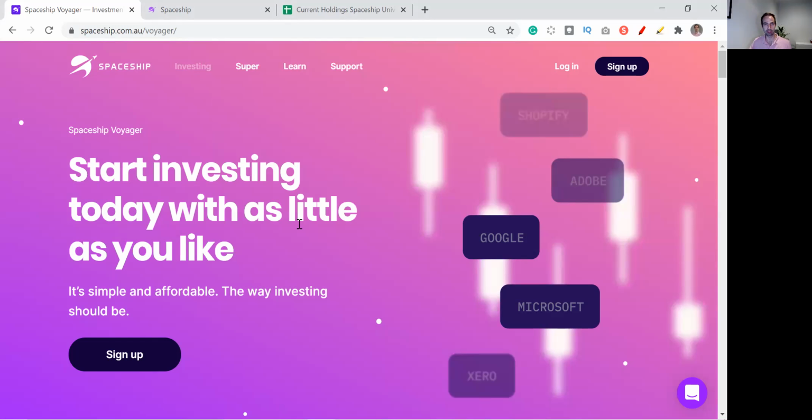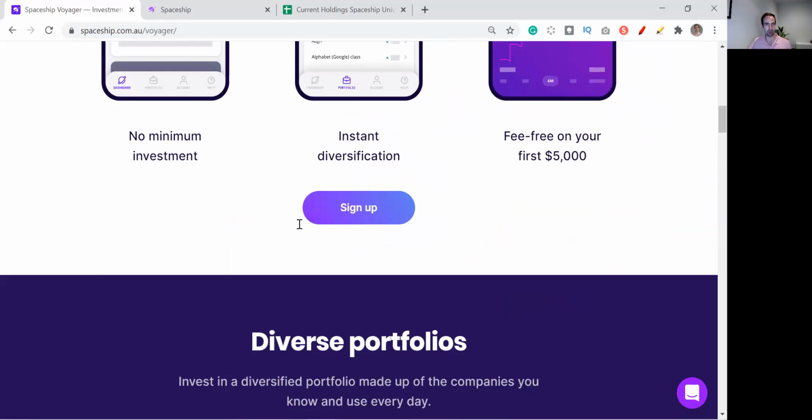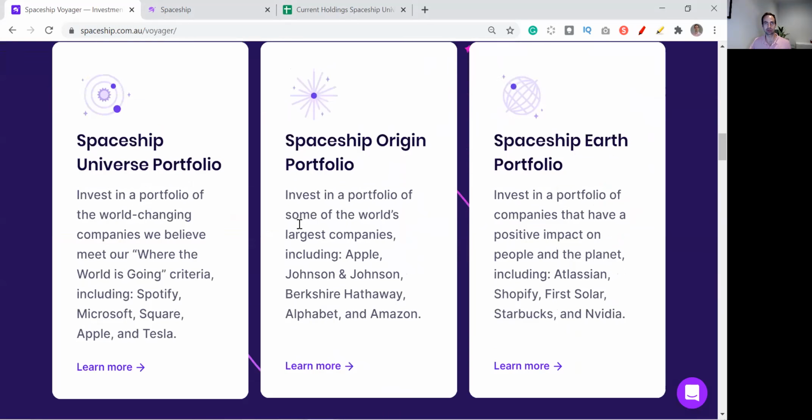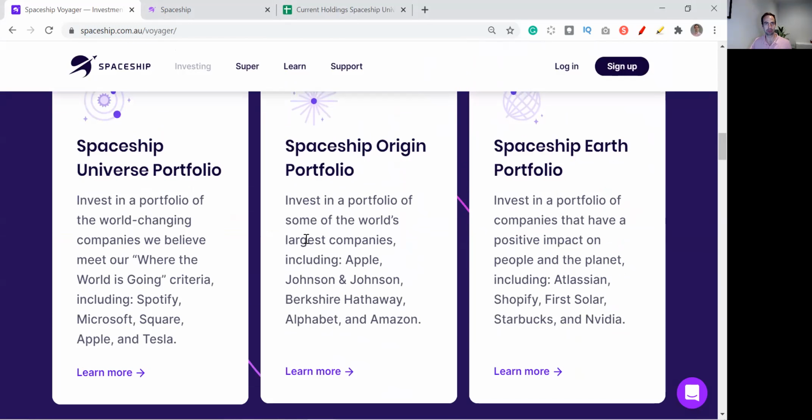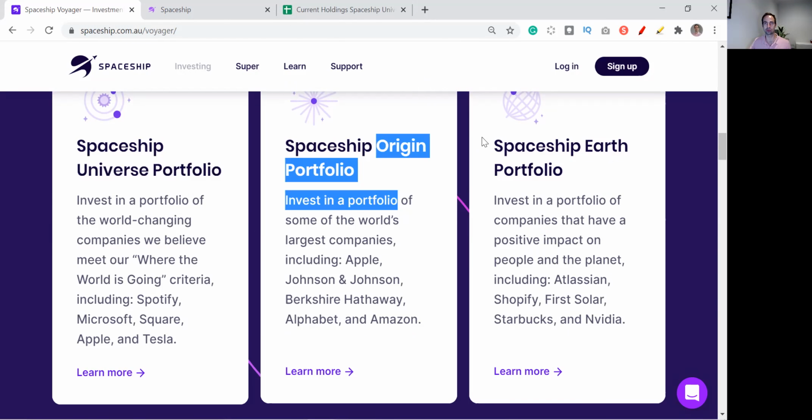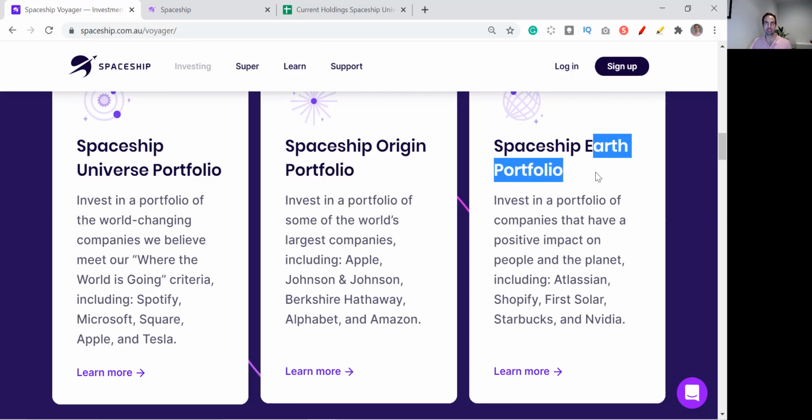Let's scroll a little bit down, where we can see the different portfolios that we have as an option. As I said, we have the Universe portfolio, the Origin portfolio, and the Earth portfolio, which is really new. I think it just got established in November last year.